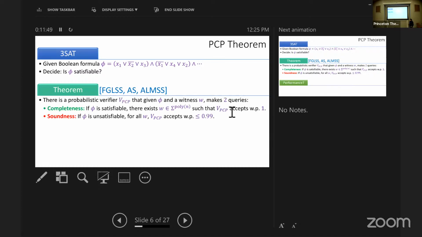So the way you improve that is you fast forward to the 90s to the PCP theorem, which tells you, and this is now a big jump, I'm not going to be able to describe to you what the verifier is doing. It takes half of a semester, roughly speaking. So it says that there exists a probabilistic verifier that I'm going to denote by V_PCP, and some encoding of the witness, such that now the verifier looks at the proof.